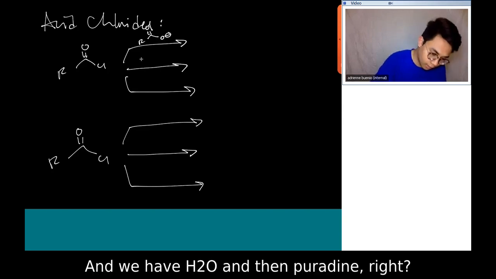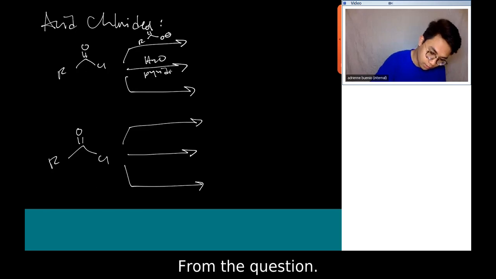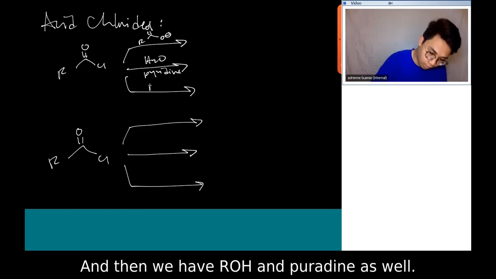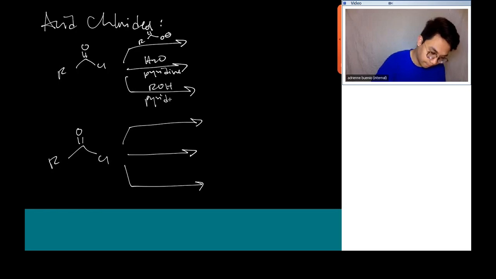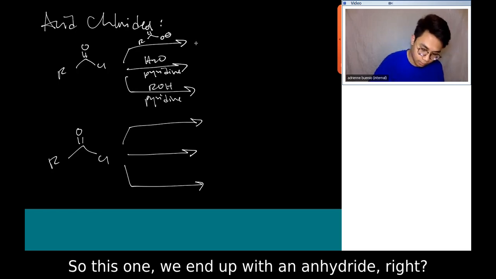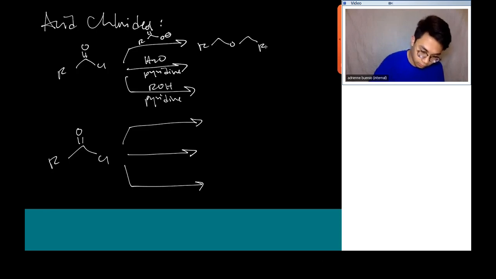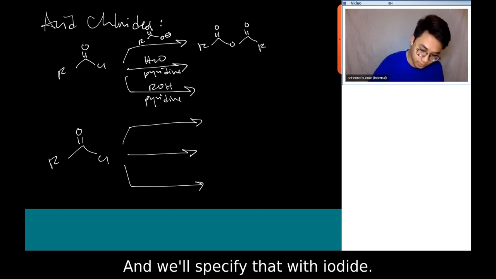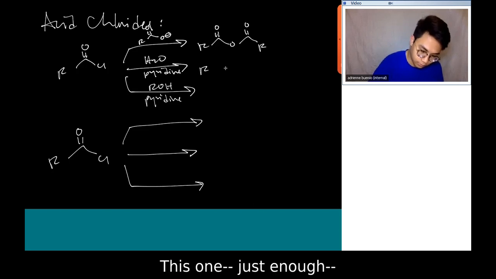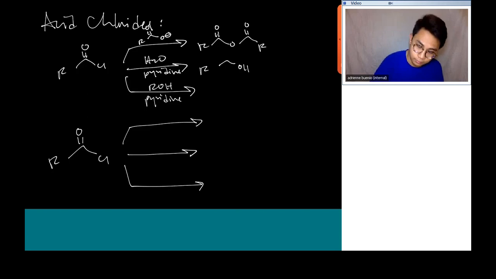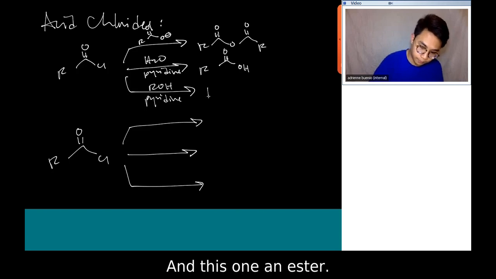And we have H2O, and then pyridine, right, from the question. And then we have ROH and pyridine as well. So this one we end up with an anhydride, right? And we'll specify that later. This one just a carboxylic acid, and this one an ester.